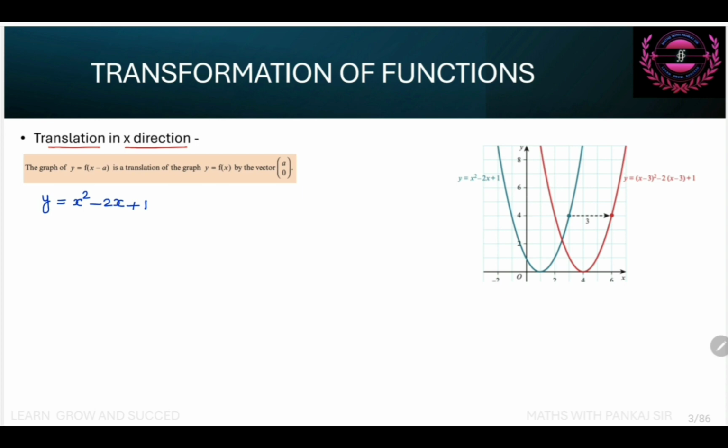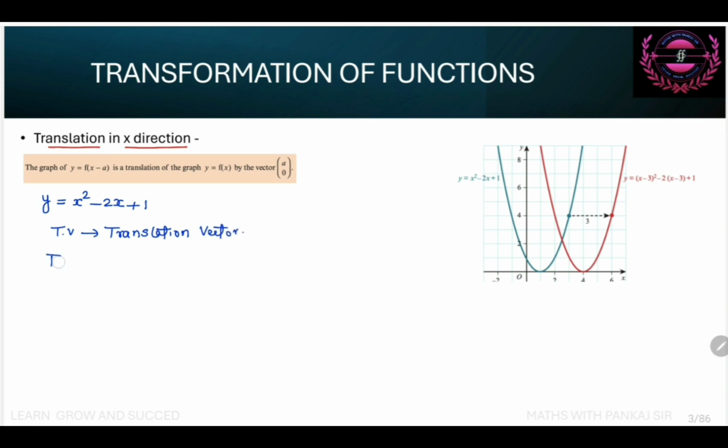If I want to translate this graph in the x direction with the translation vector, from the next time I will be using TV only. This is the translation vector abbreviation.